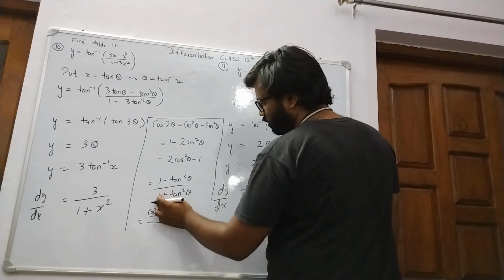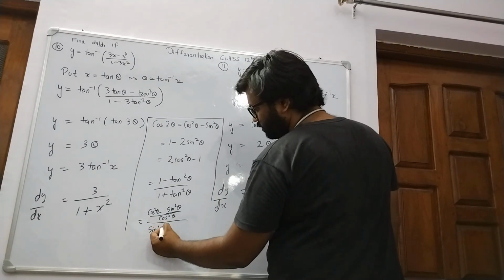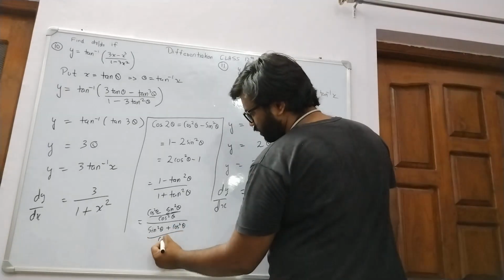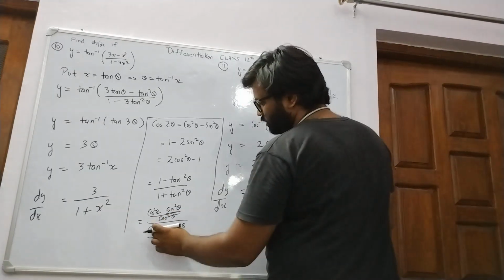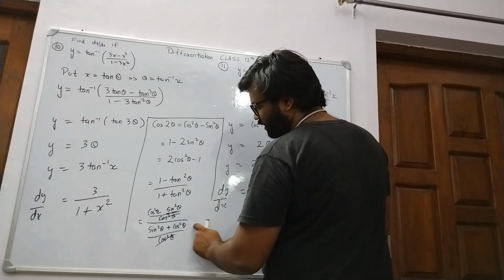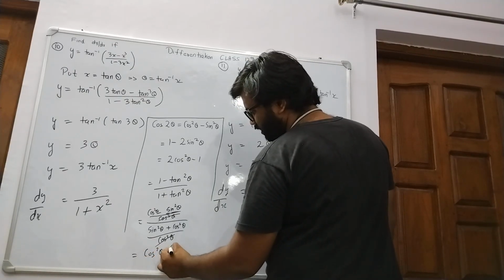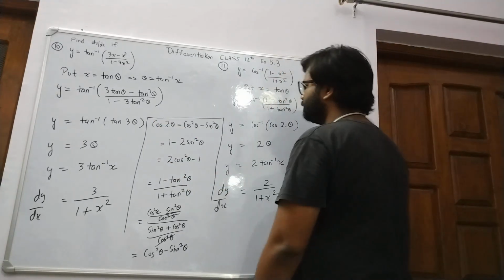Now the whole upon 1 plus tan square theta can be written as sin square theta plus cos square theta upon cos square theta. Cos square theta cancel out. Sin square theta plus cos square theta is equal to 1 because it's a trigonometric identity, and hence what remains is cos square theta minus sin square theta, which is equal to cos 2 theta.